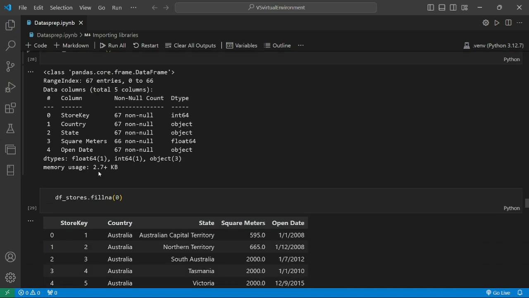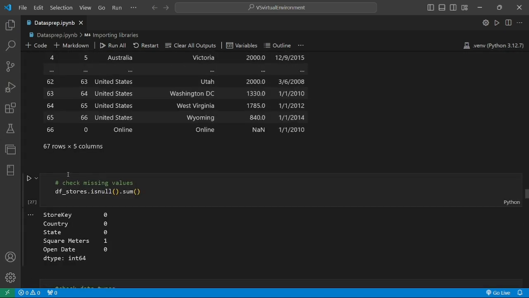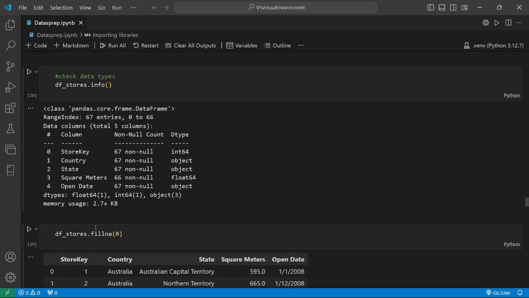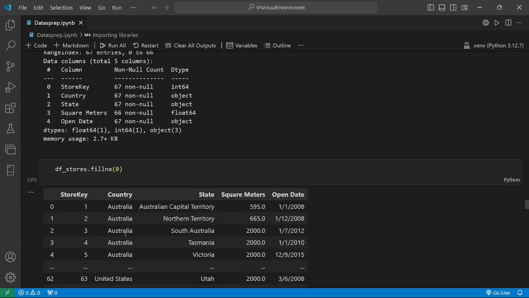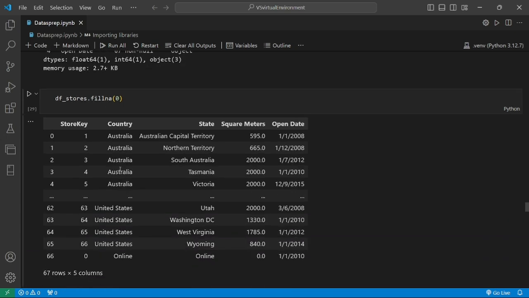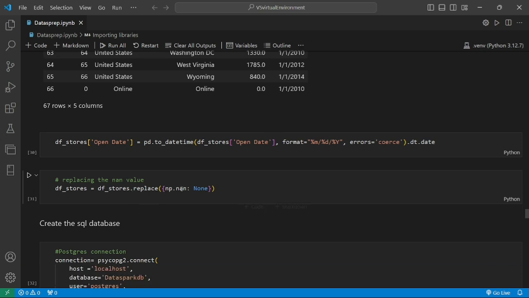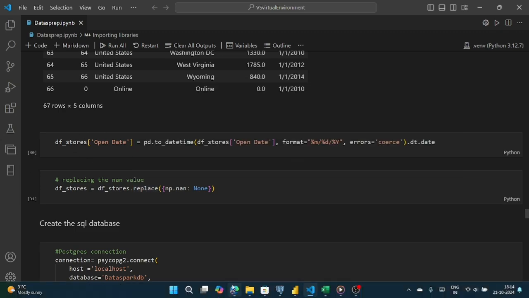There are 67 stores, and in the store square meters column there is one null value, so we are filling it with 0 using df stores fillna 0. Afterwards we are changing the date into the date type, replacing the non values with none. Next, that's the first cleaning process all over.